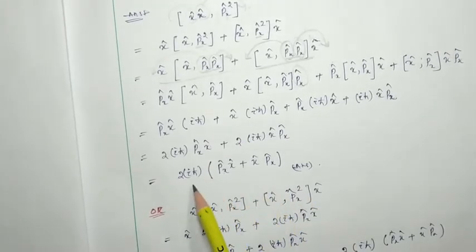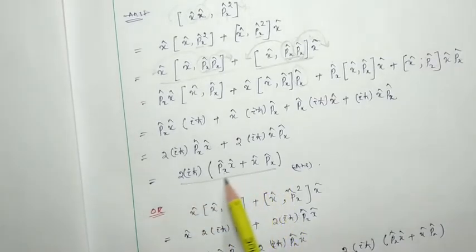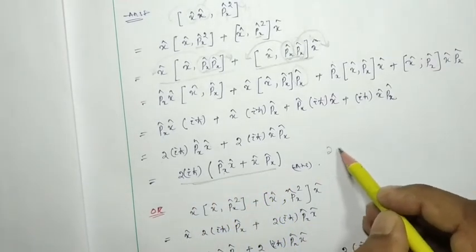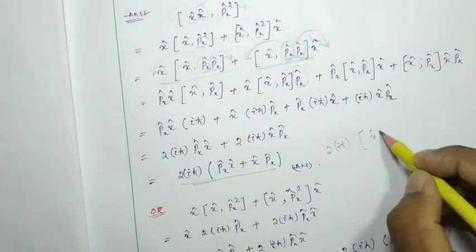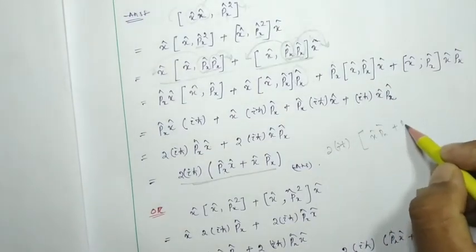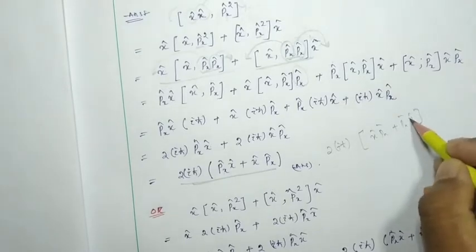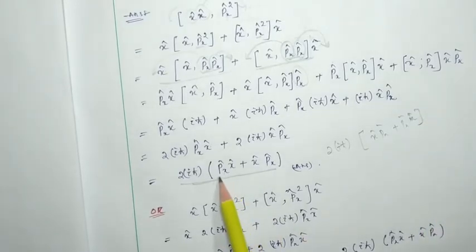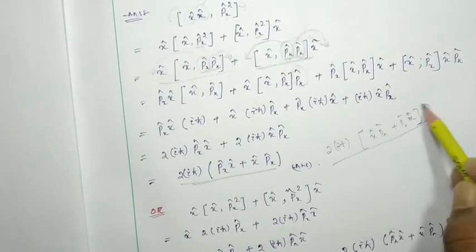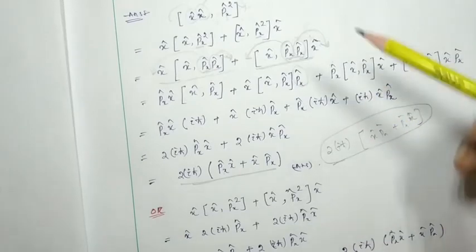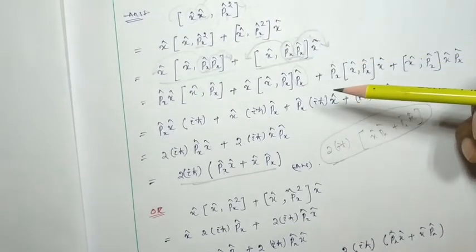Or this answer can be written in this way: it will be iħ, also you can write x̂ pₓ x̂ plus pₓ x̂ x̂. First, this is addition, so first you can write this one, second you can write this one. Why am I telling this? Because sometimes the question will be asked with multiple choice.